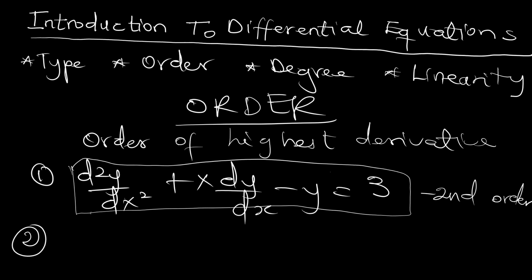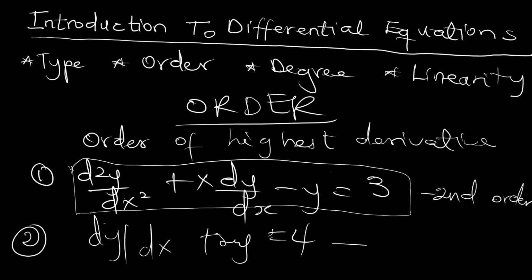Let's take this example too. dy over dx plus 2y is equal to 4. So the highest order appearing in this differential equation is the first order, which is dy over dx. Therefore, this whole differential equation is a first order differential equation.